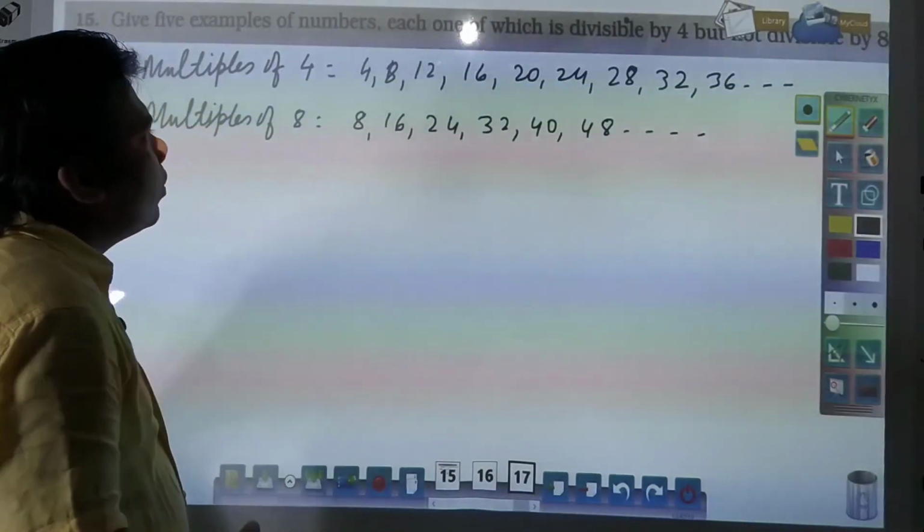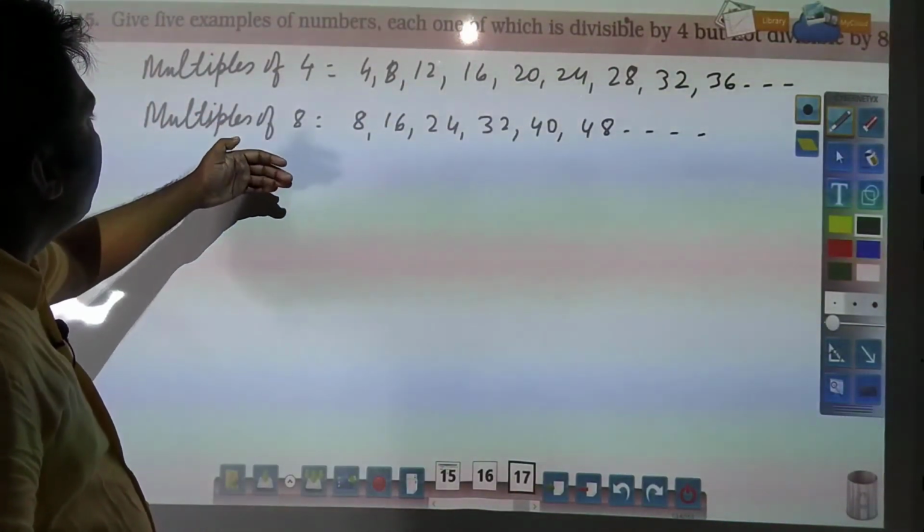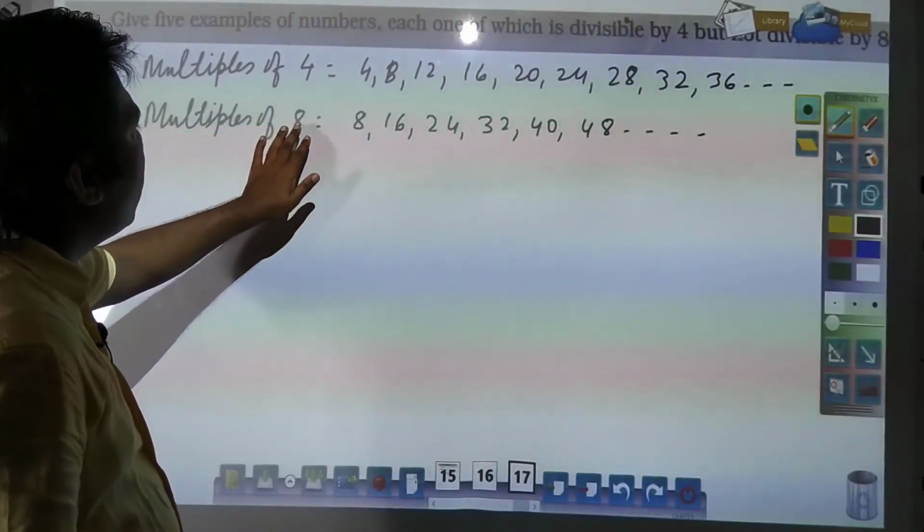So we need to find out 5 numbers which are divisible by 4 but not by 8.